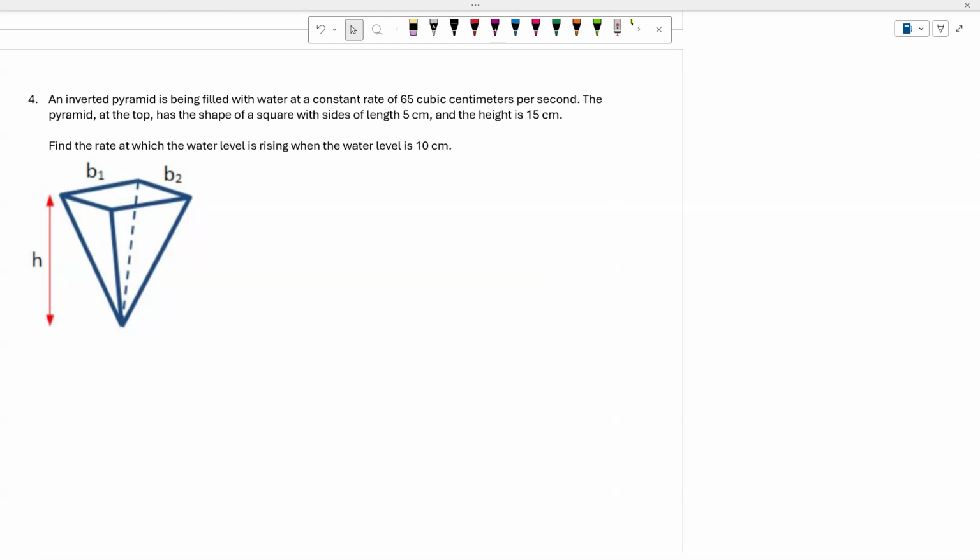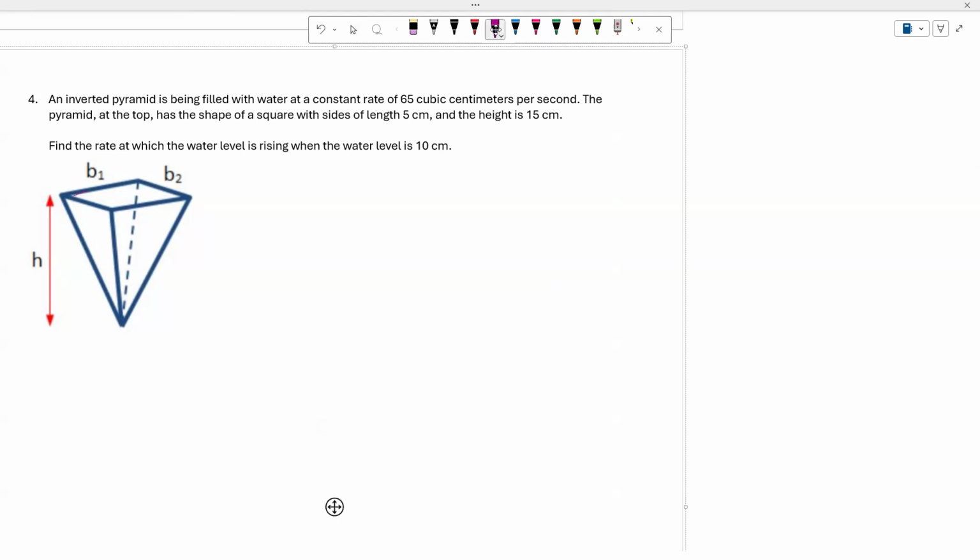Now, an inverted pyramid is being filled with water at a constant rate of 65 cubic centimeter per second. The pyramid at the top has the shape of a square.